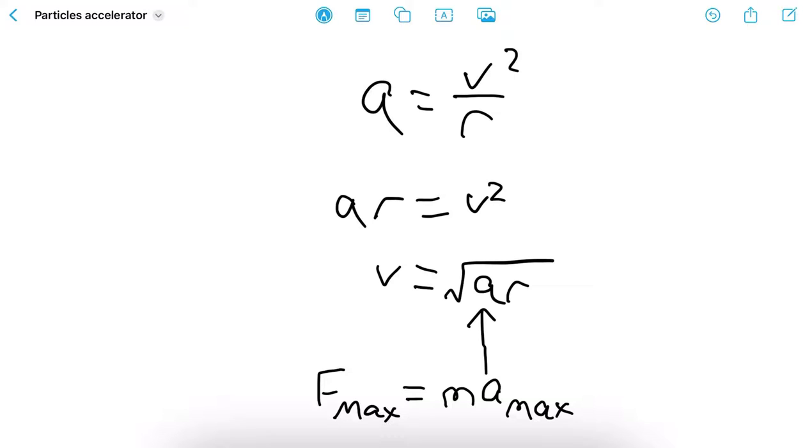So when the protons reach that maximum acceleration, then the acceleration becomes a constant. But what about the radius? The radius is what we can increase in order to increase the velocity.